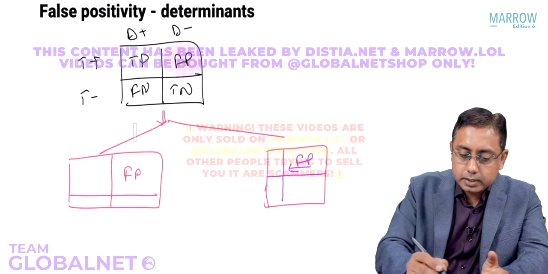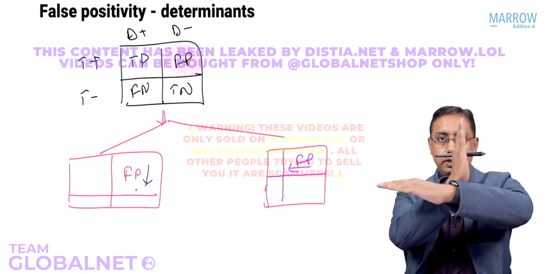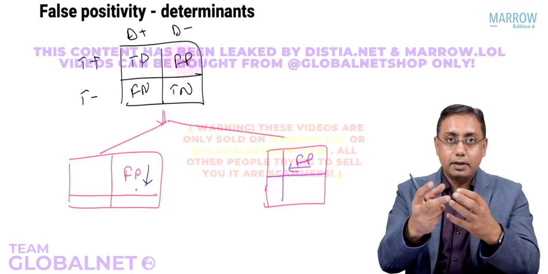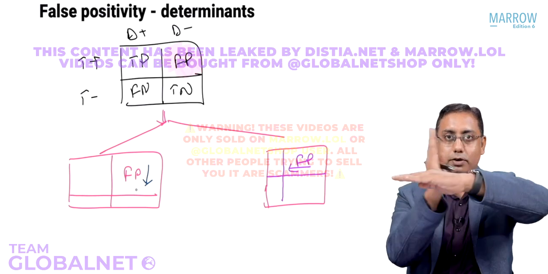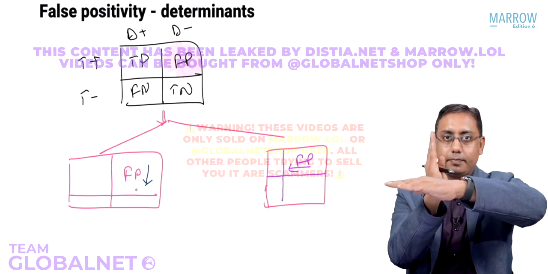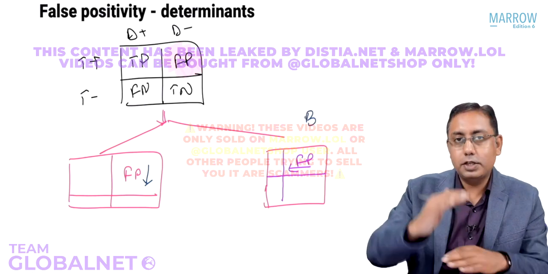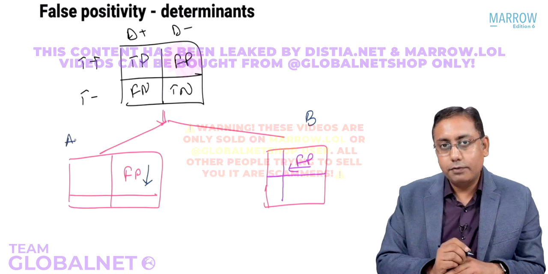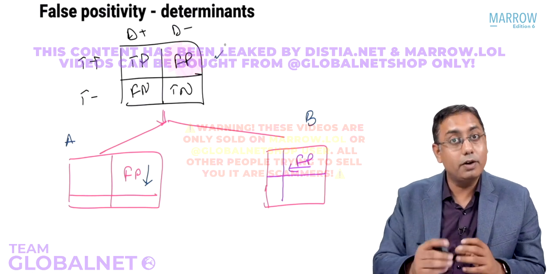The line will come down. So now in this box, I'm going to play with the box: either the cells shift up and down, or the cells shift left and right. If they are shifting left and right, that will be scenario B. If they are shifting up and down, that is scenario A. In either case, the false positivity may change from the conventional one you have already learned.